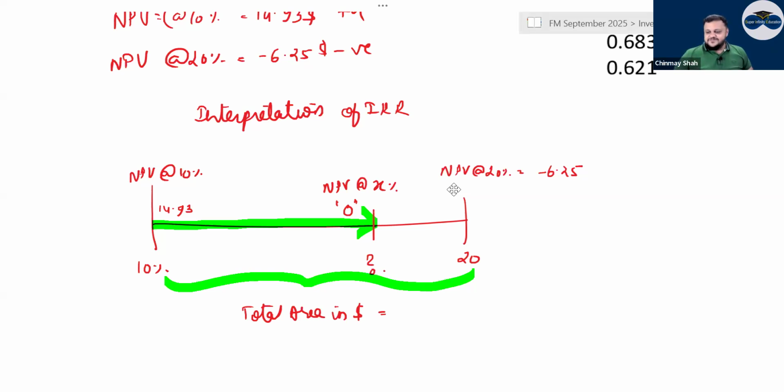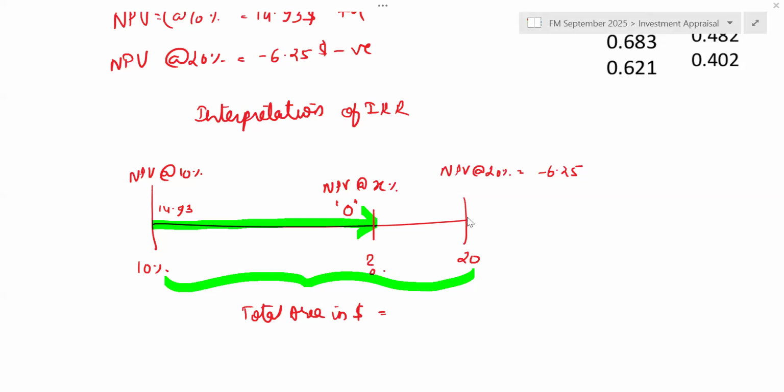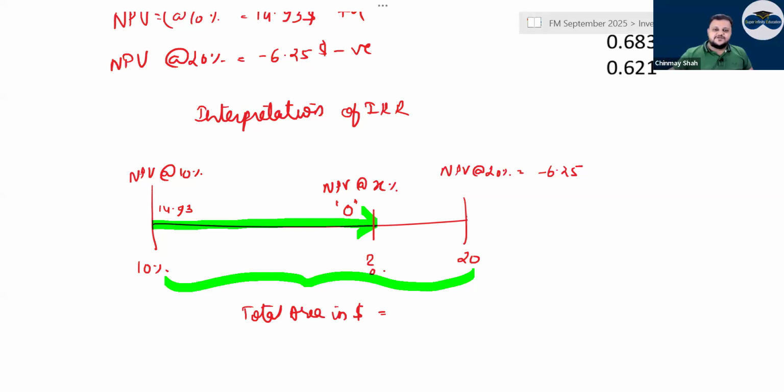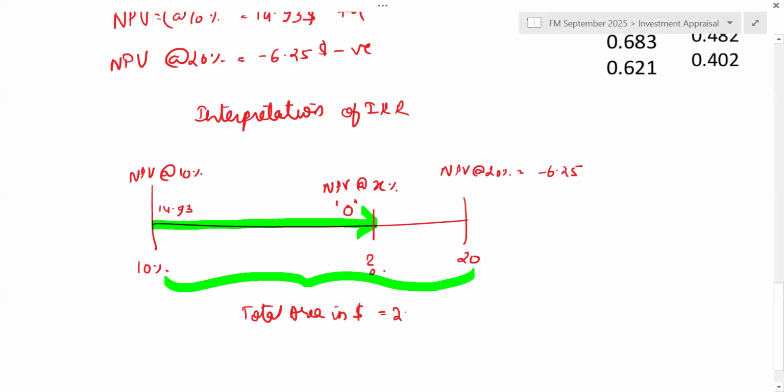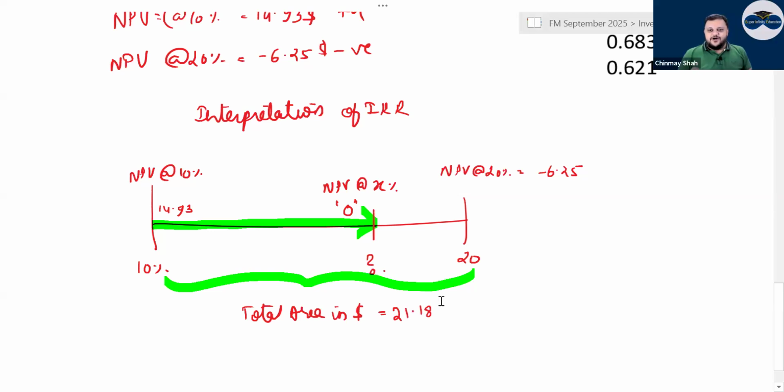Let me say again, hear me out. 21.1. 21 for how much? 18. Hemlata, what do you say? How much is the total? And I have to travel from 10%. How much area? Therefore, travel $14.93.